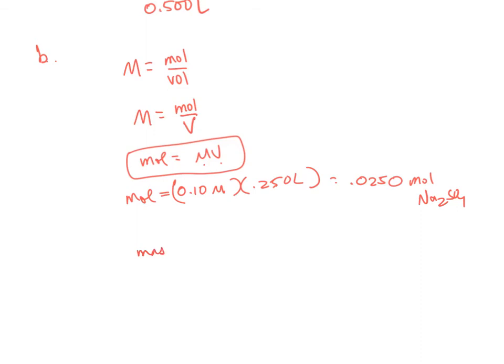So mass will be equal to 142.04 grams per mole multiplied by 0.025 moles.